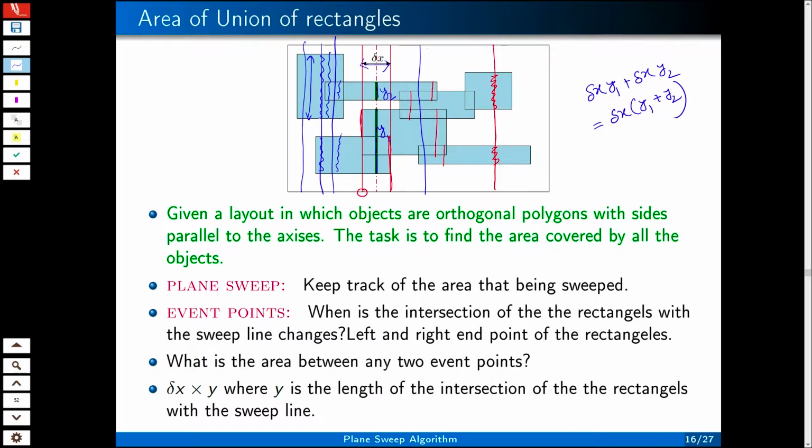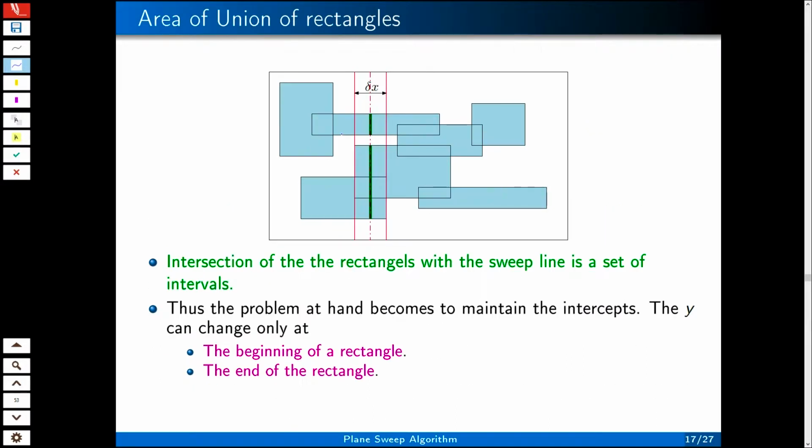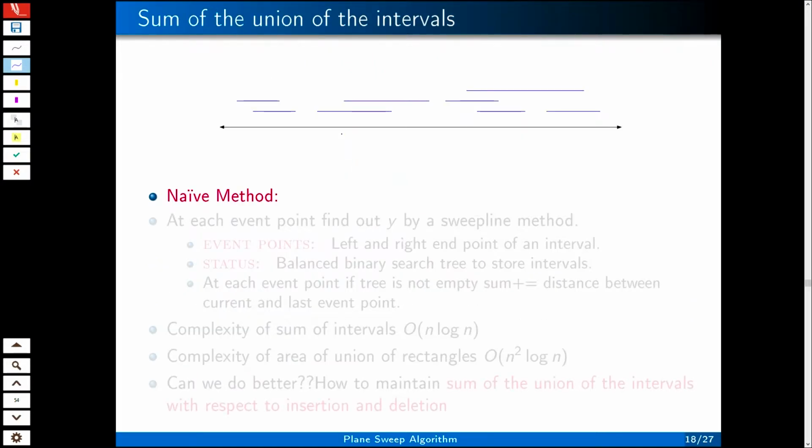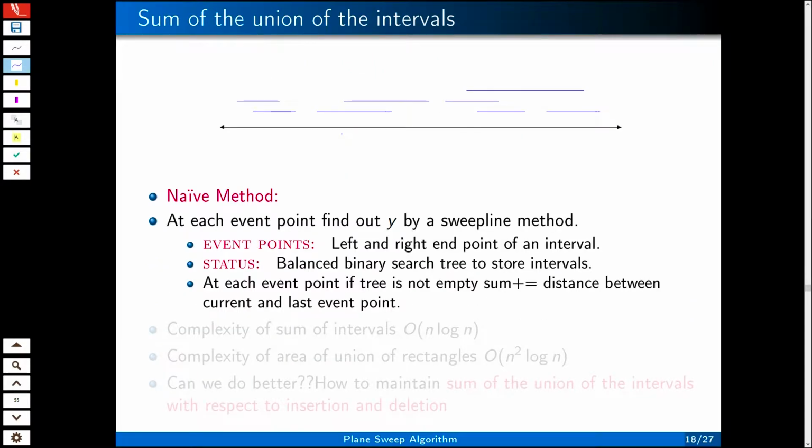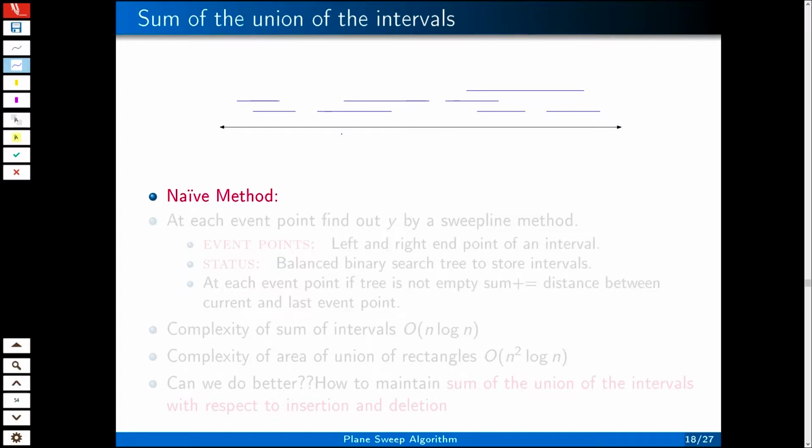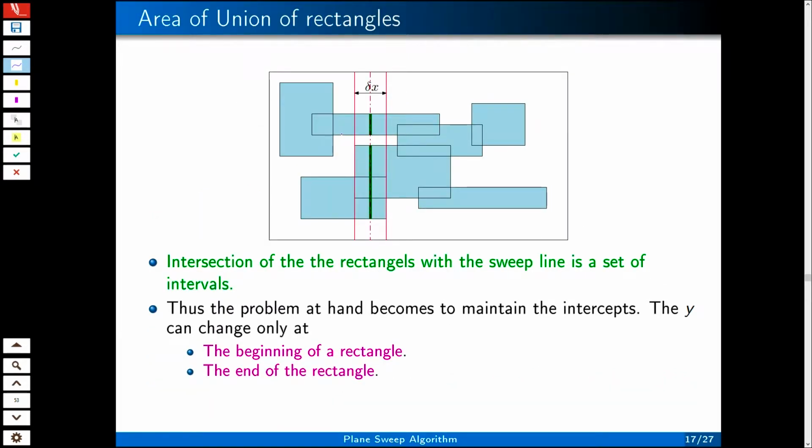So, somehow I know how to find out the union of these intervals. Then while moving from one interval to the other, I will multiply and I have my solution. Okay. Now the question is, we have started with the two-dimensional problem.